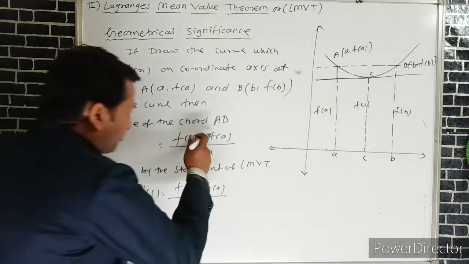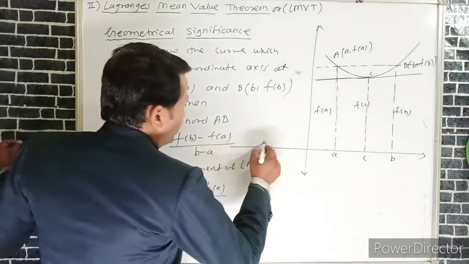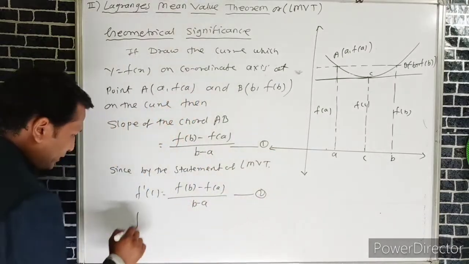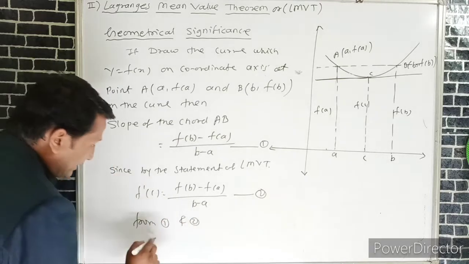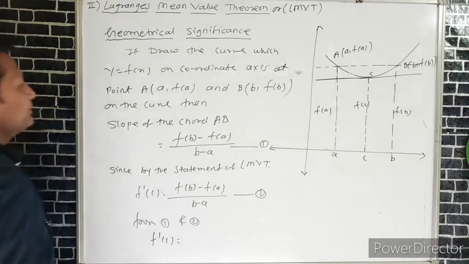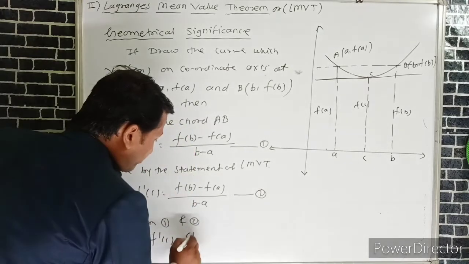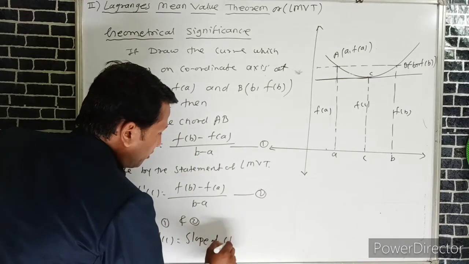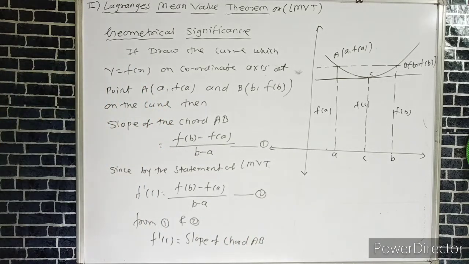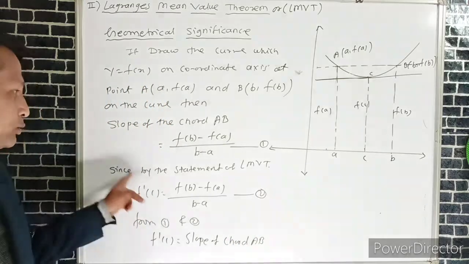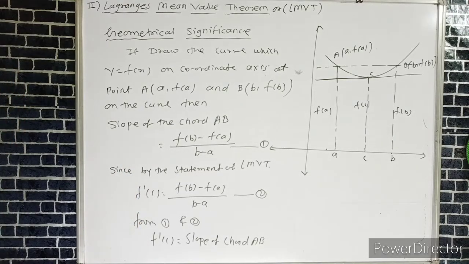So from equations 1 and 2, we can say that f dash of c is equal to the slope of chord AB.